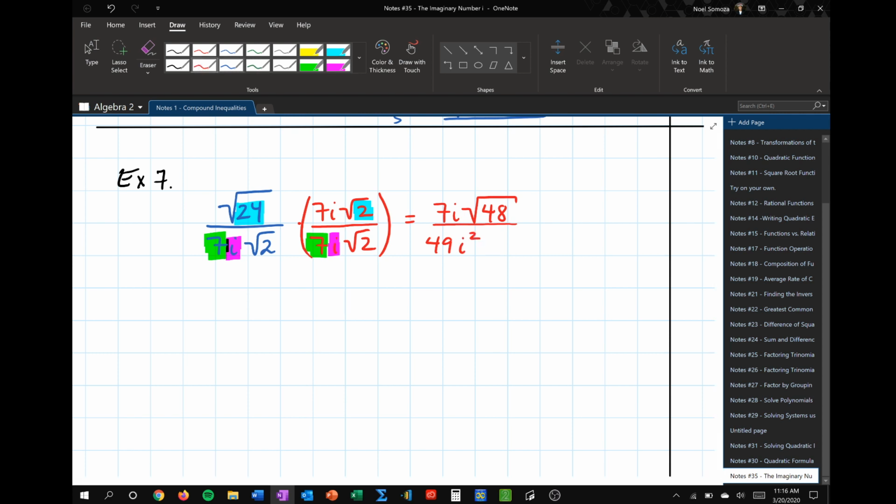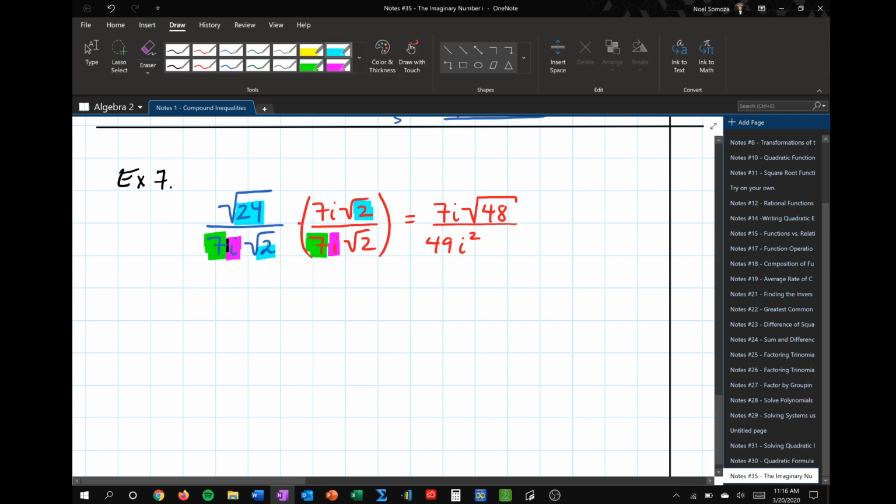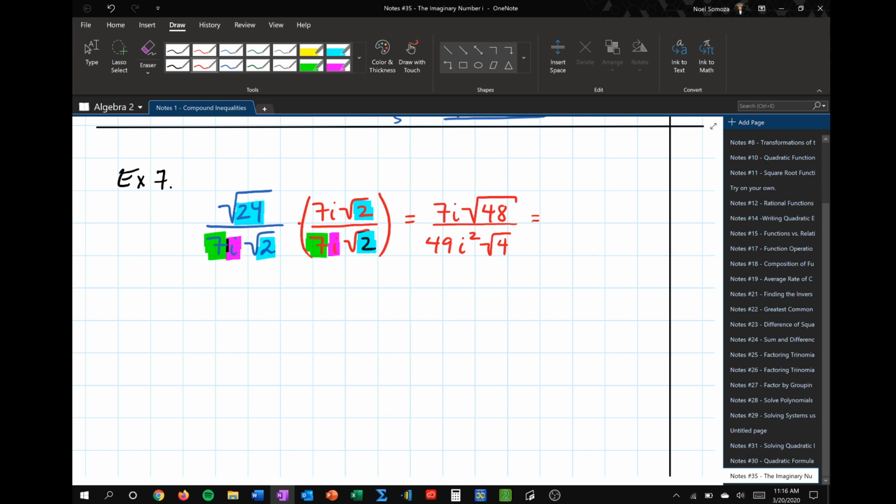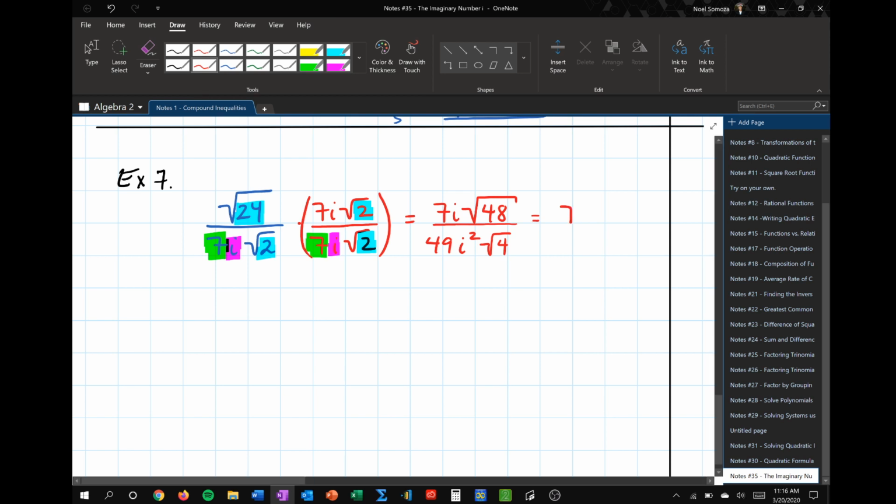And then you have numbers inside square roots, so you have square root of 2 times square root of 2. That's going to give you square root of 4. So you clean up everything in the denominator first. Leave the numerator alone. Remember not to cancel any i's out. All right, so you still have 7i square root of 48 in your numerator.